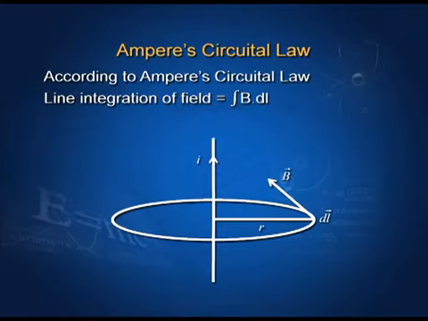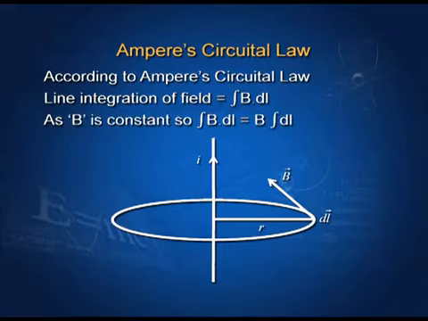The line integration of magnetic field B dot dl around the conductor will be equal to integration B dot dl. As B is constant over the loop, integration B dot dl equals B integration dl. We know the integration of dl over the whole loop is equal to 2 pi r.